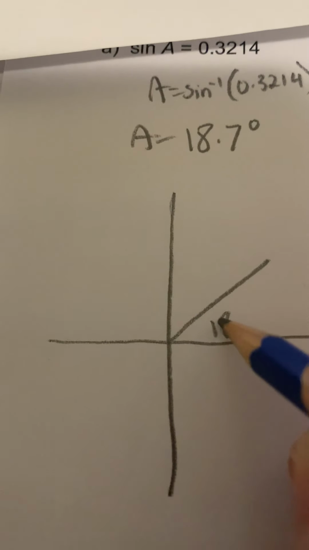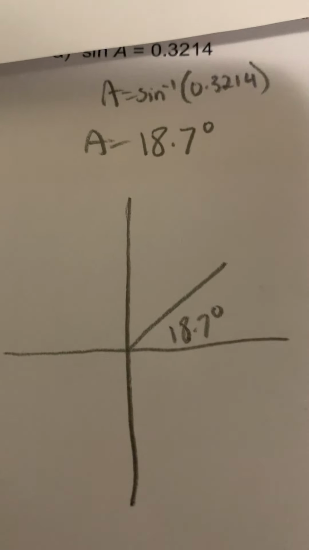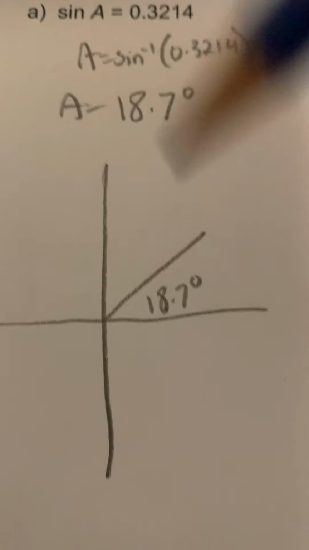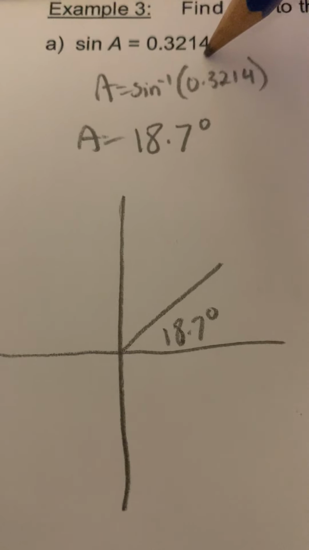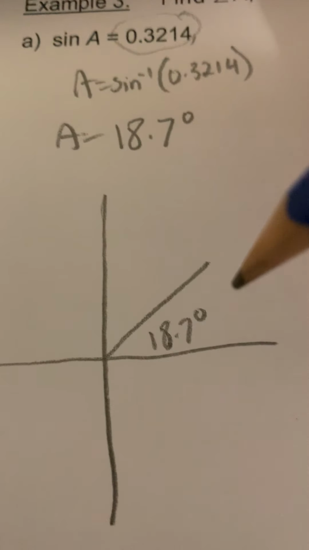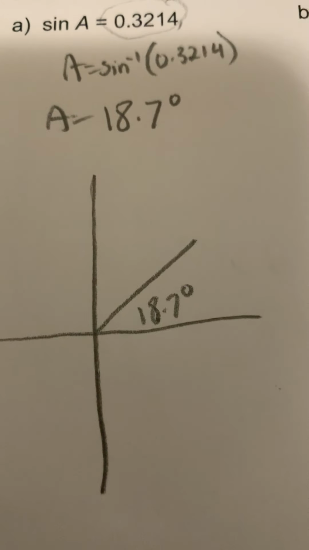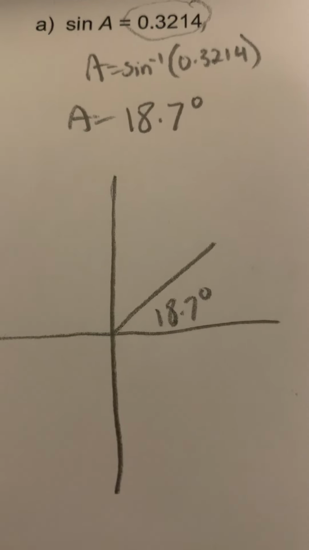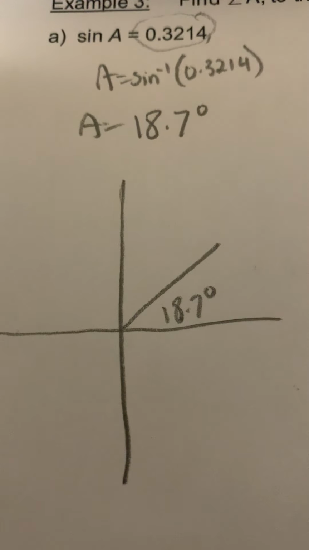So we have 18.7, which is our first answer. But there's actually another angle that will give us this ratio. The calculator only gives you the acute angle, an angle less than 90, but there's actually two answers.